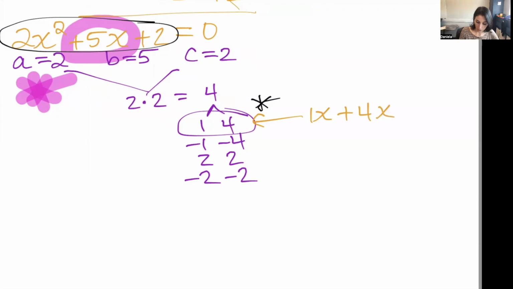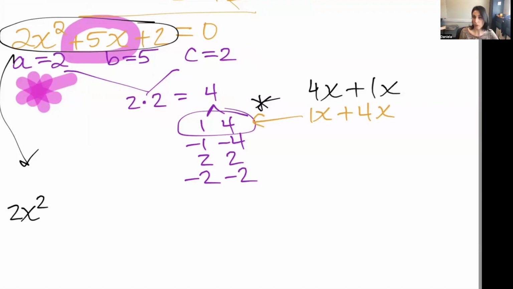So now I'm just going to rewrite this polynomial. That's going to be 2x squared. Now I'm going to do the split. Now, could I do 4x plus 1x? Or 1x plus 4x? Sure, the commutative property. So it doesn't actually matter which one you do first. Maybe, since I wrote this one first, I'll just do it that way.